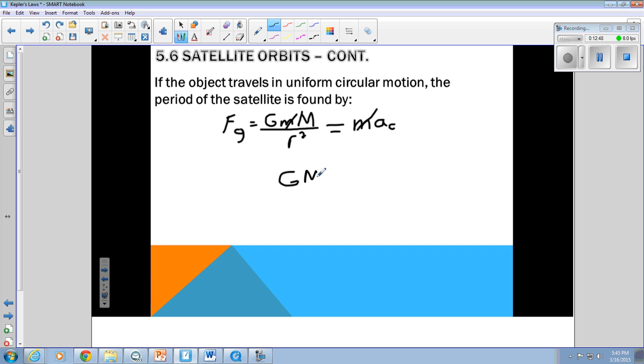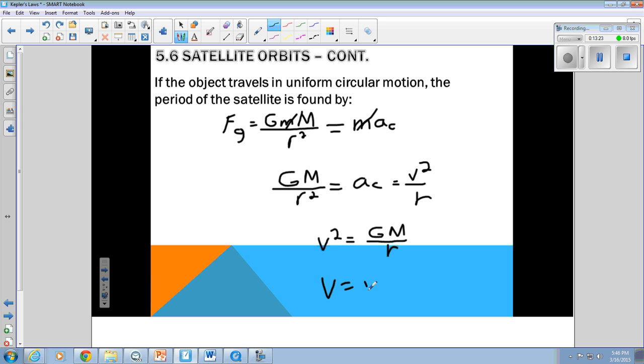GM over r squared is equal to your centripetal acceleration. And centripetal acceleration is equal to v squared over r. Therefore, if you do a bit of algebra, you'll see that v squared is equal to GM over r. Another way to write that is to take the square root of both sides.